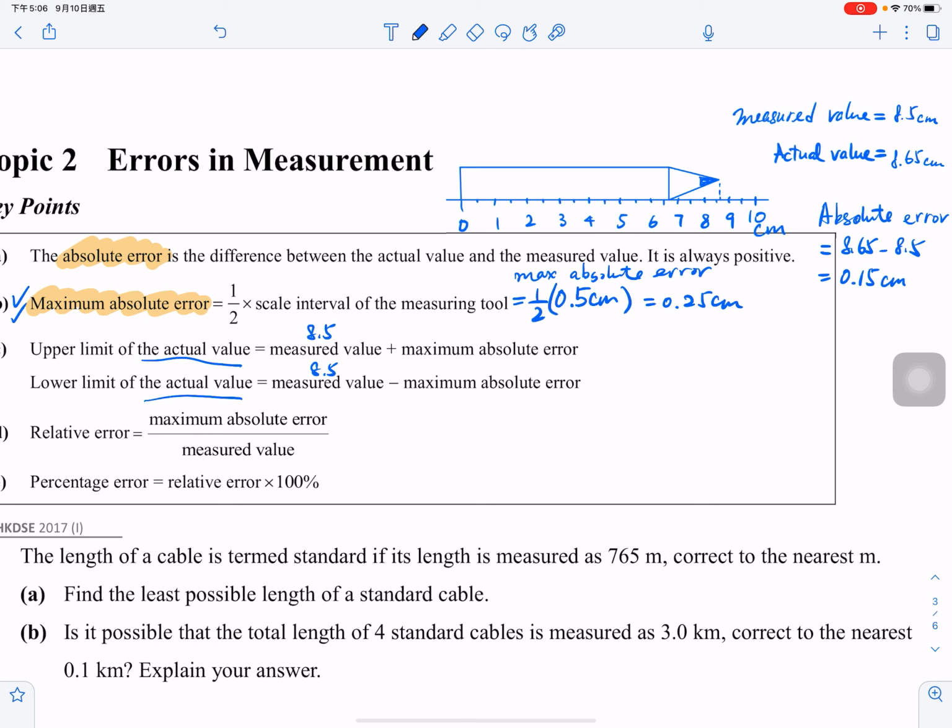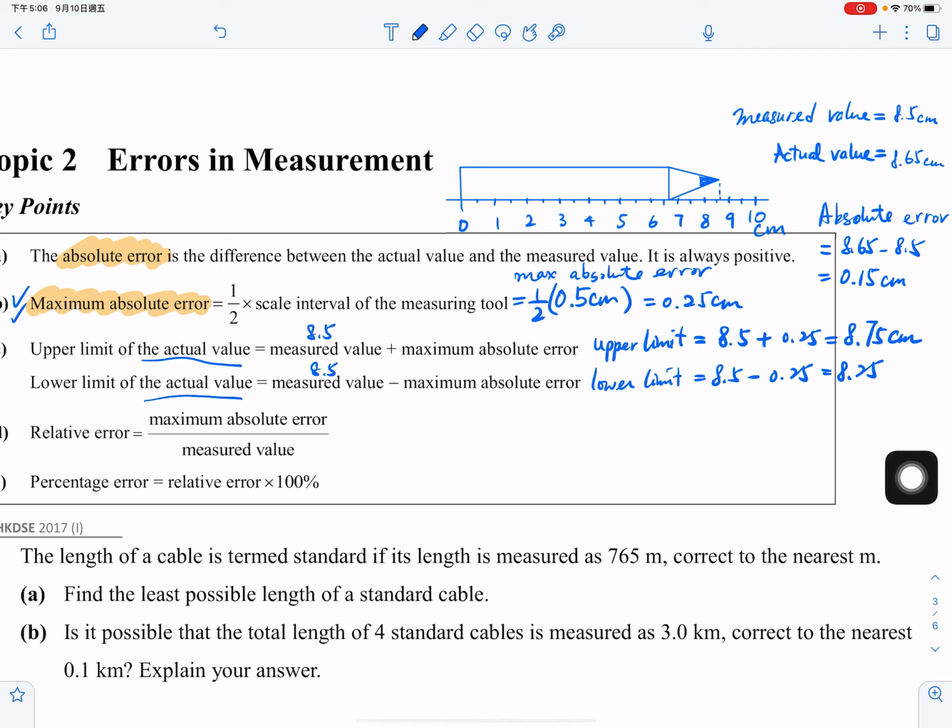Okay, and this time the upper limit equals 8.5 plus 0.25. So 8.75 is the upper limit. Okay, and how about the lower limit? This one, 8.5 minus 0.25. Okay, that means 8.25 is the lower limit.